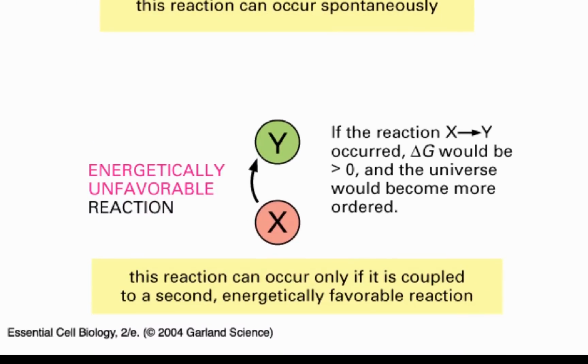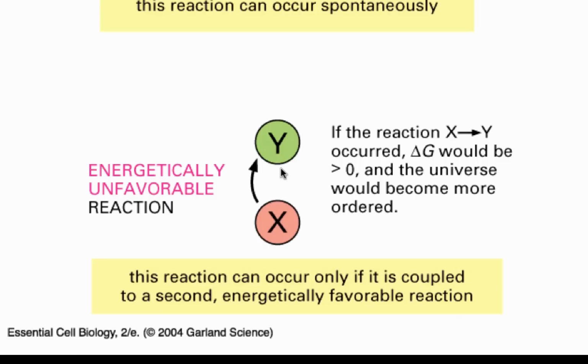Now, if we were to think about the opposite reaction, molecule X becoming molecule Y, because the free energy of molecule X is lower than the free energy of molecule Y, the change in free energy is going to be positive, and therefore that reaction is energetically unfavorable, and it will increase the order of the surrounding environment.